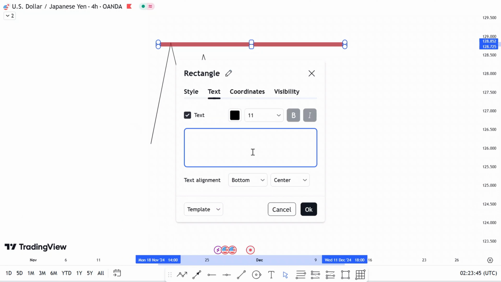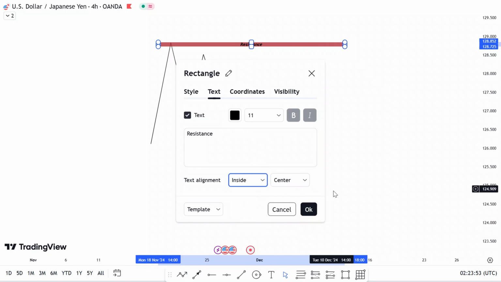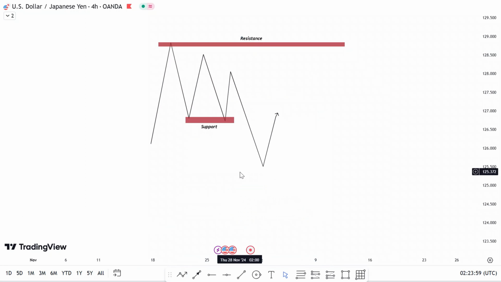Just with that simple explanation I gave to you, resistance is what keeps the market from pushing up at a certain point. Support is what keeps the market from falling at a certain point. Now you need to pay very close attention to this support and resistance, because it's how the market works. The market moves from support to resistance. It moves from supply to demand.